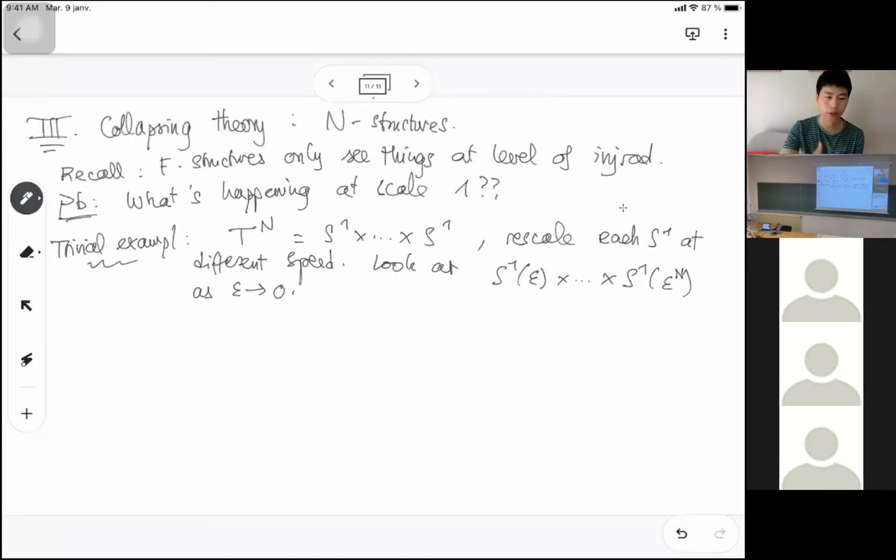But in fact, you have a much more interesting example, which is given by nilmanifolds. The non-trivial example is this nilmanifold example, which is the classical example to first read or understand when you start thinking about N-structures.